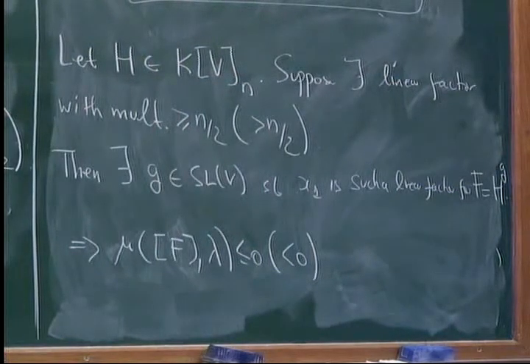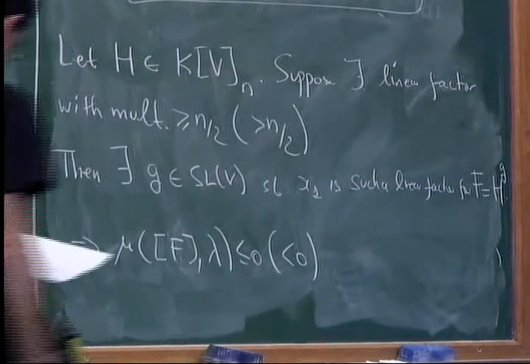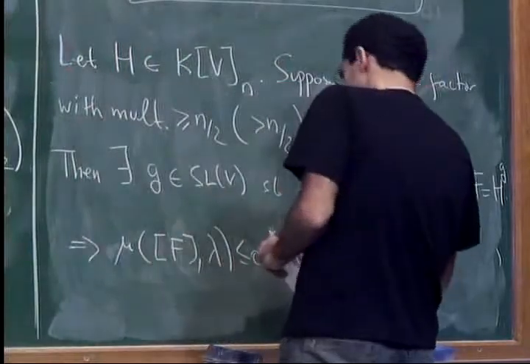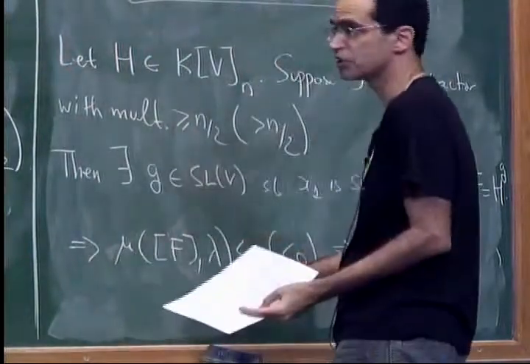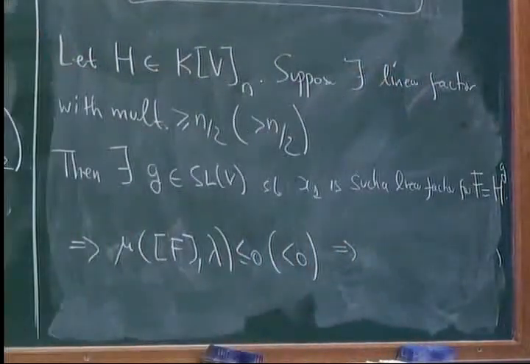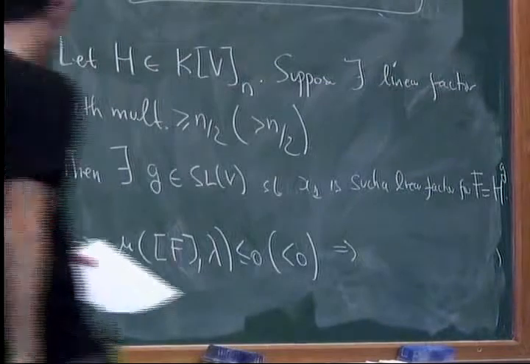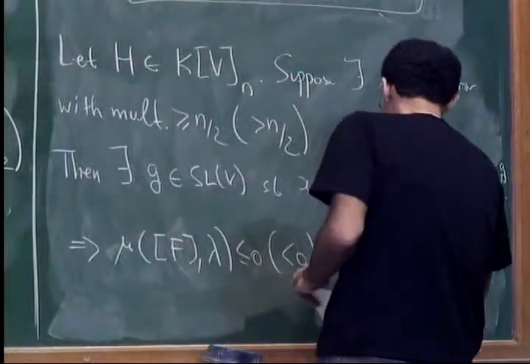Okay? But that implies then that since there is such a lambda, right, so not all, I mean there is such a lambda, then that implies that f is not stable.